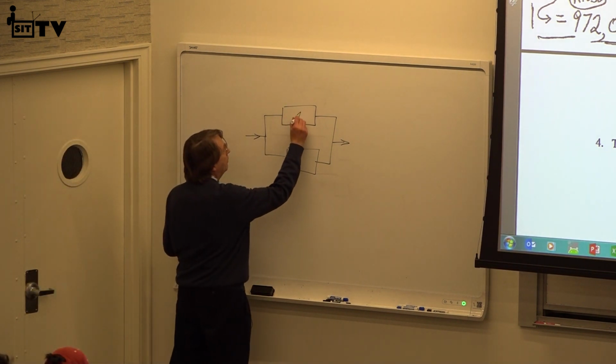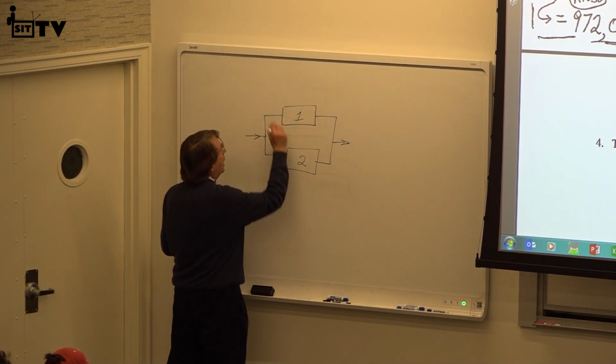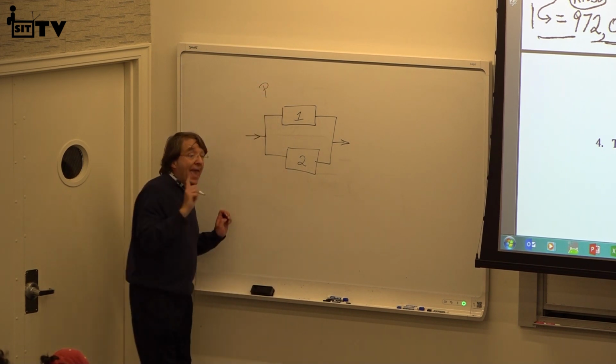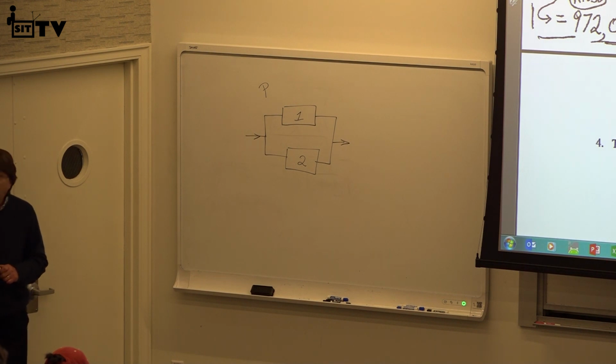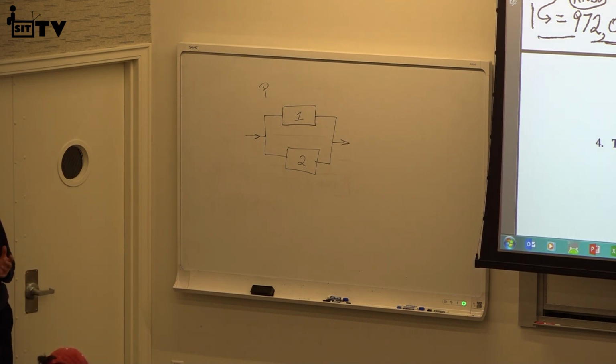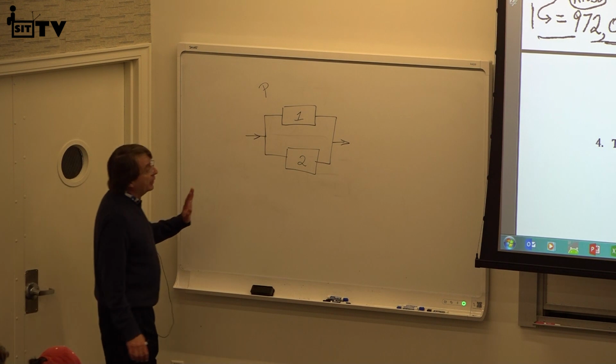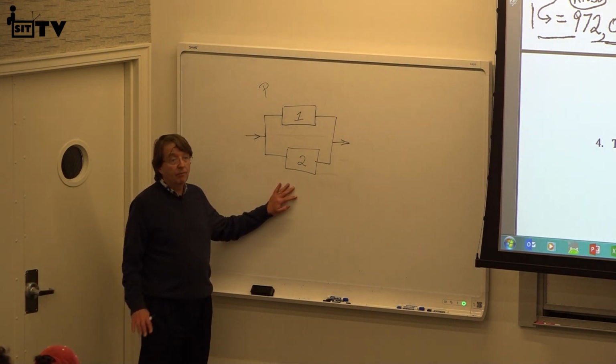Sensor 1, sensor 2. The probability of a sensor working is P. I tell you these are independent. So if one fails, it doesn't cause the other to fail. Now, what's the probability of this system working?